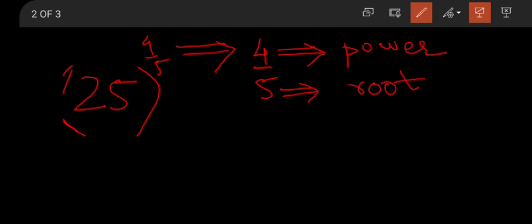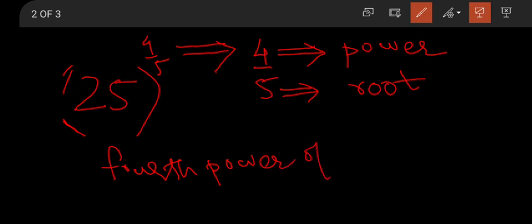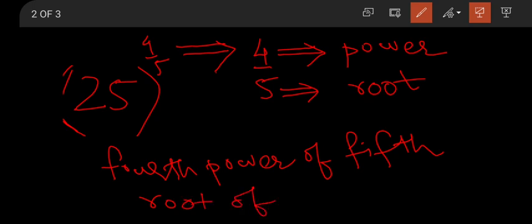So if I want to read it, how will I read? If I want to read the power first, I will read 4th power of 5th root of this number 25.